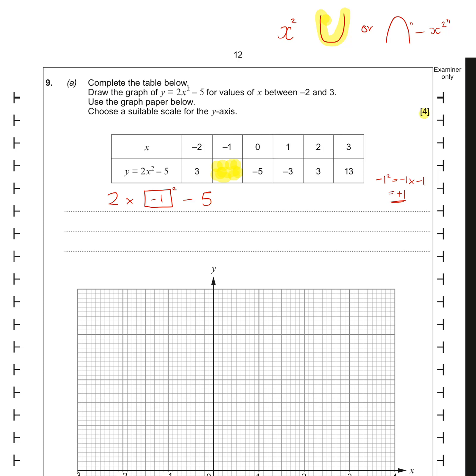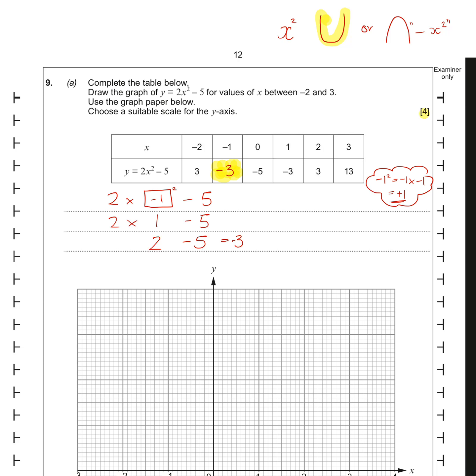So minus 1 squared is actually worth just a normal 1. So that's 2 times a normal 1. 2 times 1 is 2. Take away 5 equals minus 3. 2 take away 5, minus 3.